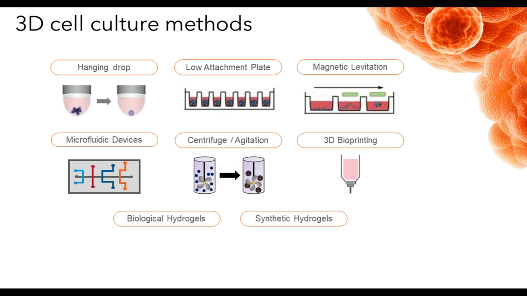I've also talked about the low attachment plates, whereby they're geometrically designed such that the cells will grow into a spheroid. You can also induce them into the fluid layer by introducing magnetic levitation. The cells have a magnetic particle on board. They will come together under the influence of a magnet.